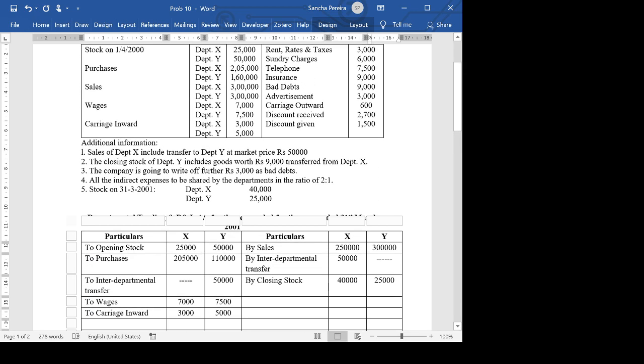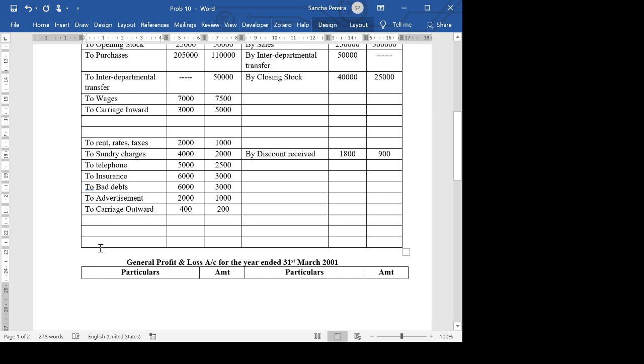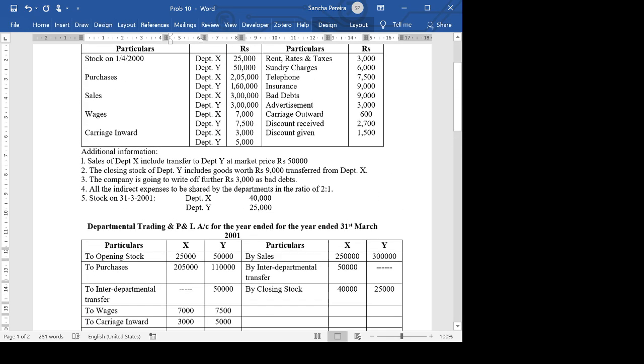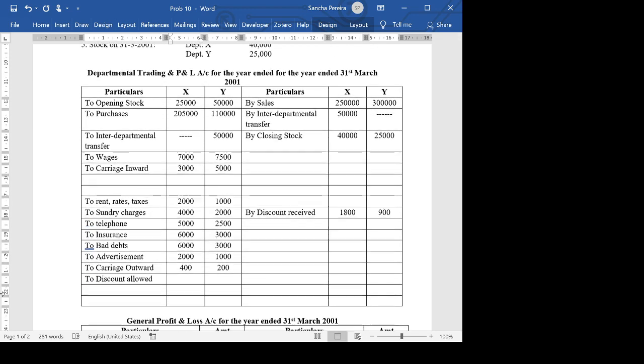And then discount given is 1,500 for discount allowed. To discount allowed, or discount given, 1,500. So it will be 1,000 and 500.